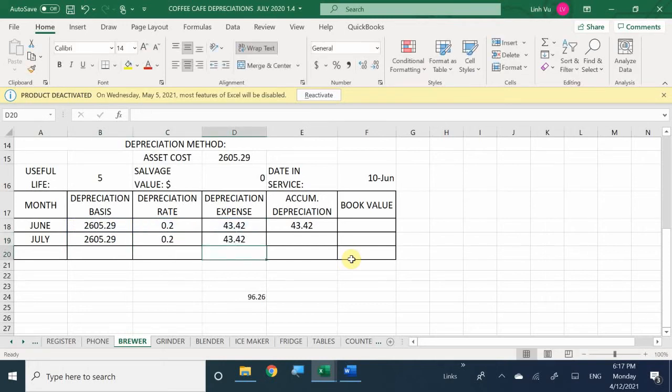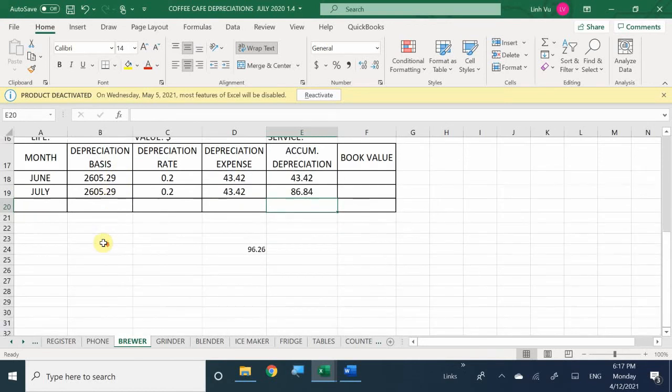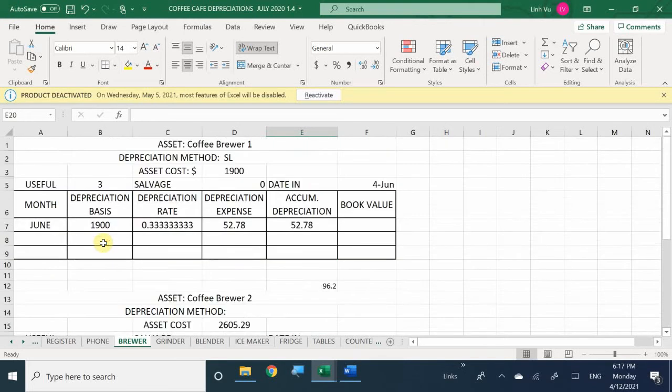So therefore, my depreciation expense will also stay the same. So for my first coffee brewer, I just copy the information down to the second line, which is for July.